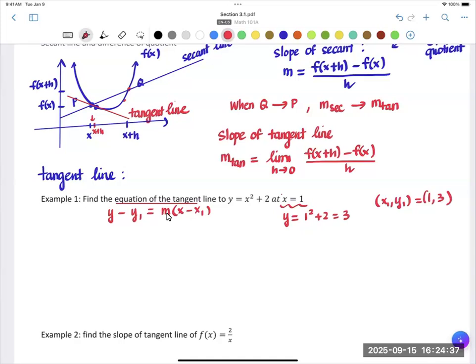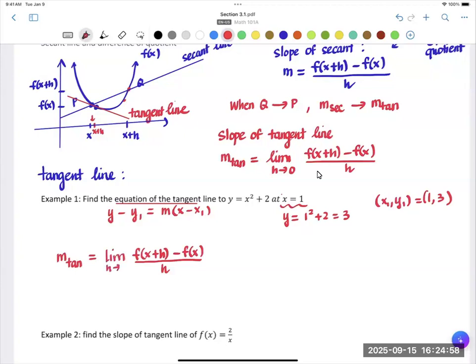And now I need to find the slope of the tangent line. By using the limit definition, the slope of the tangent is equal to the limit as h approaches 0 of f of x plus h minus f of x, over h.